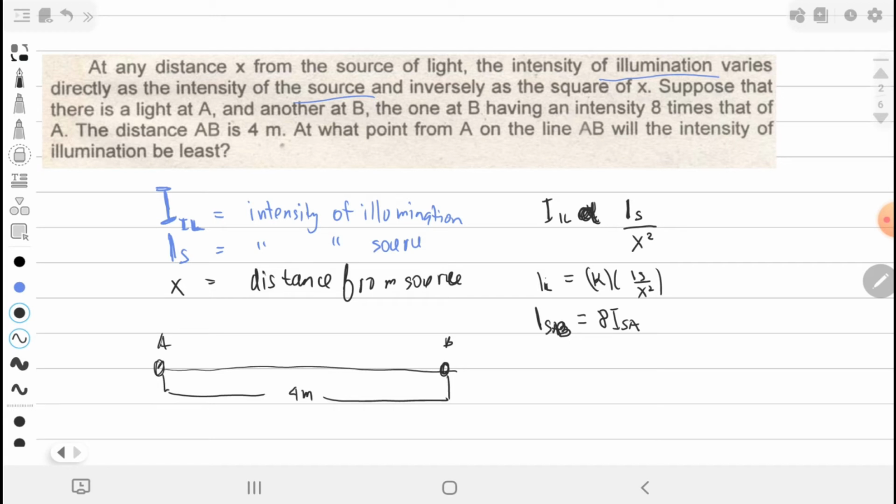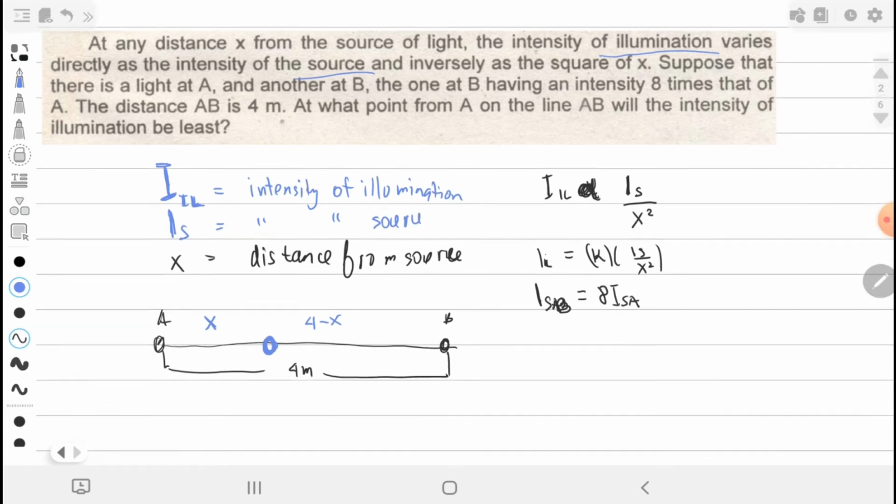Okay. So, here, we will get the illumination. So, take note, these are two lights. Let's say two poles. Let's say you have a point X from A to B. And then, of course, you have X there, so what you put here is 4 less X, right?